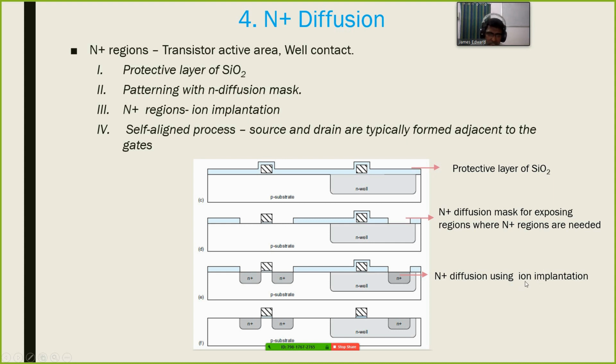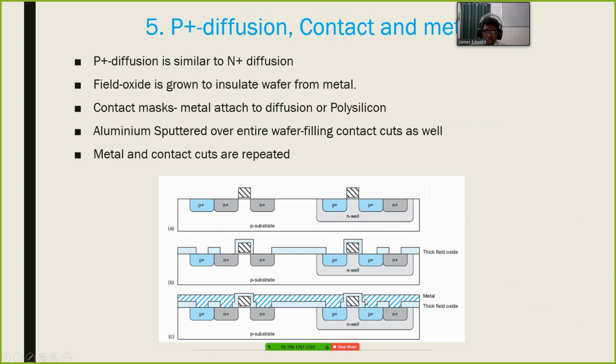Although the process is ion implantation, we refer to it as N plus diffusion because diffusion was the original term coined. So later when ion implantation was added, the original name was retained as N plus diffusion. And finally, the polysilicon mask and SiO2 were etched. And this is the formation of an N plus region.